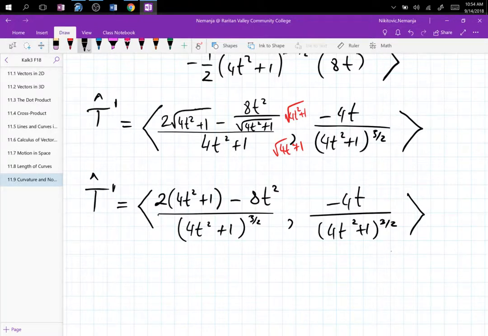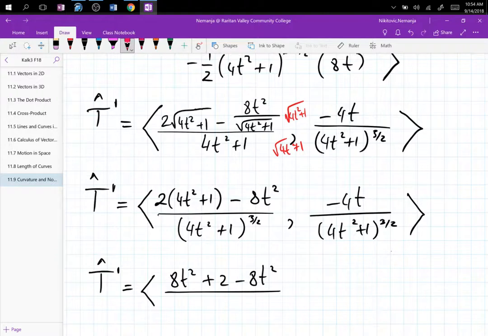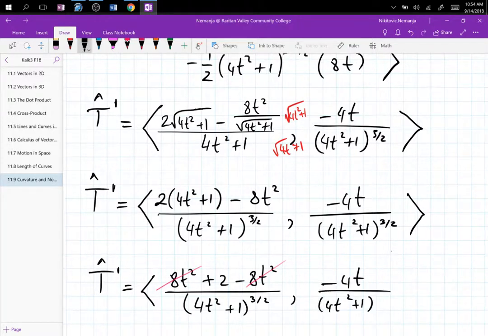Now, T prime is 8t squared plus 2 minus 8t squared. Those die. Over (4t squared plus 1) to the 3 halves, comma, negative 4t over (4t squared plus 1) to the 3 halves.